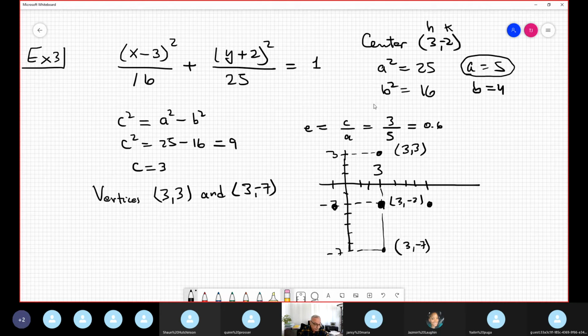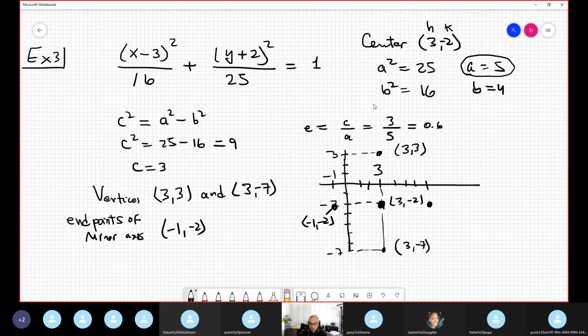So the endpoints of minor axis is negative 1, negative 2. Here, this is negative 1. Look, this point is negative 1, negative 2.